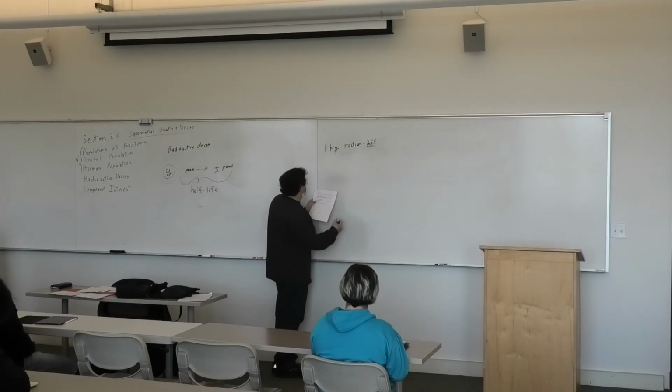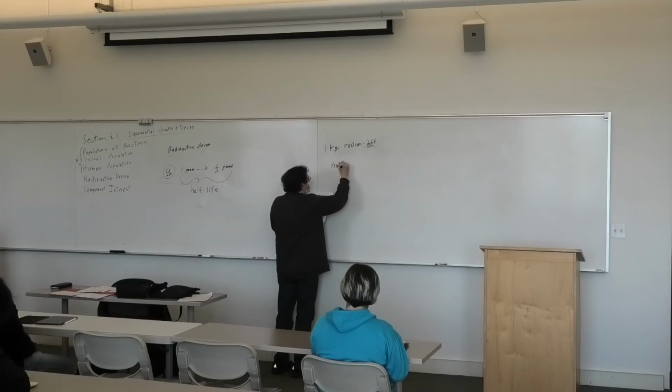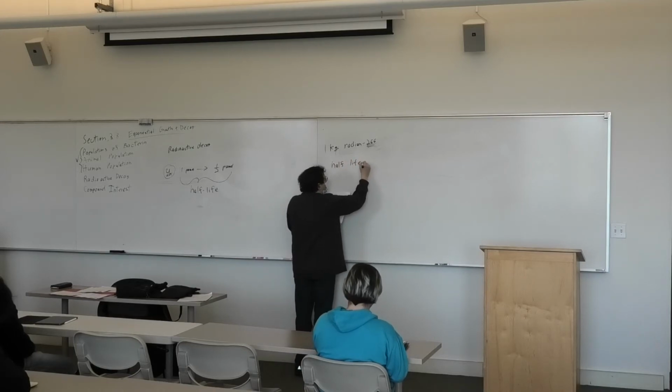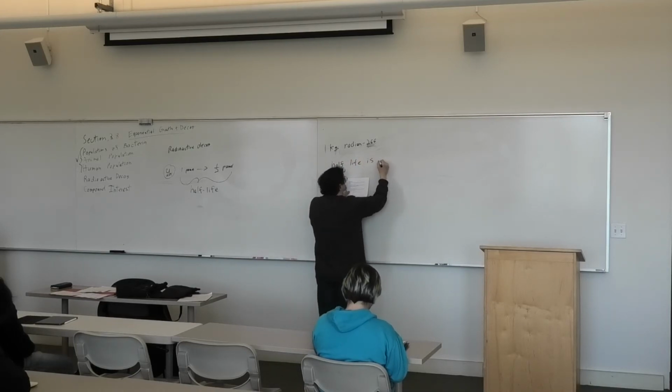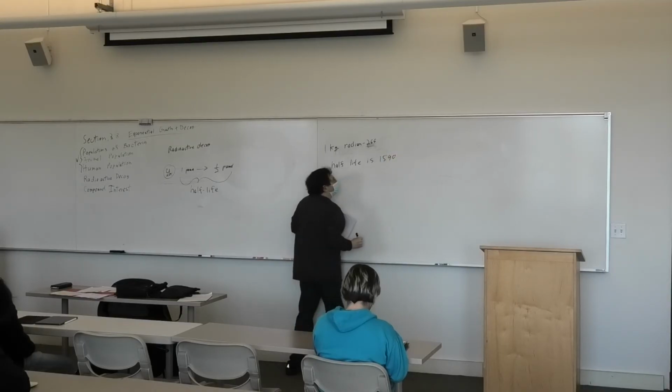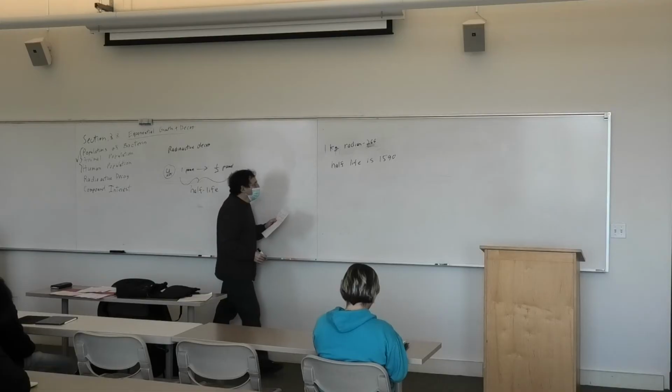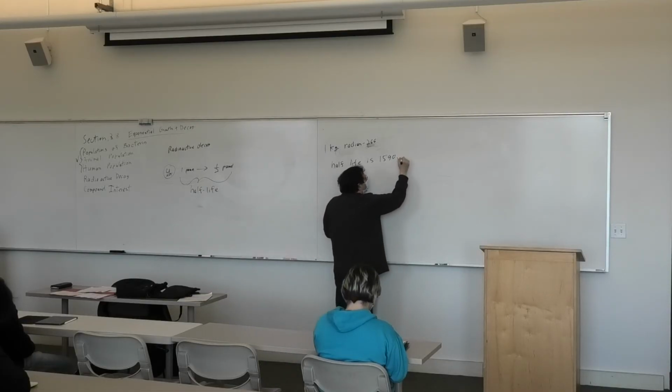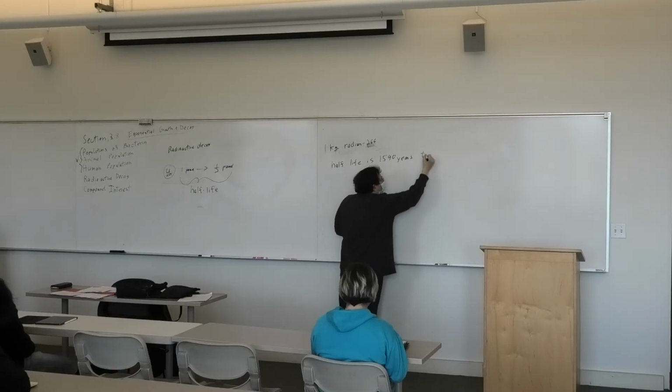The information we're given is that the half-life is almost 1,600 years, 1,590 years. So our t variable will be in years.